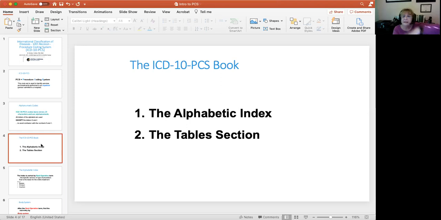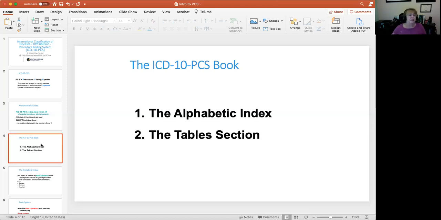CPT, listing of codes and their definitions, but not in PCS. In PCS, you have a table and you are going to build the code. And don't worry, I'm right here with you. It's a little scary at first, but we'll do it. And then you'll go, oh my gosh, I love this.